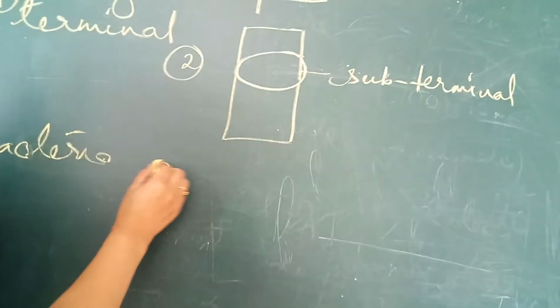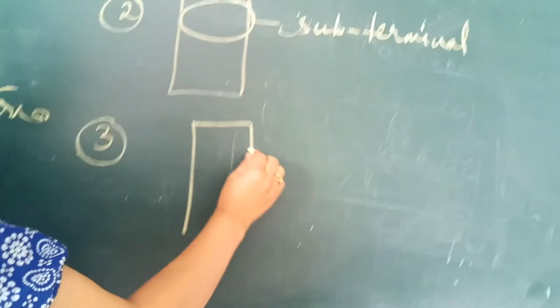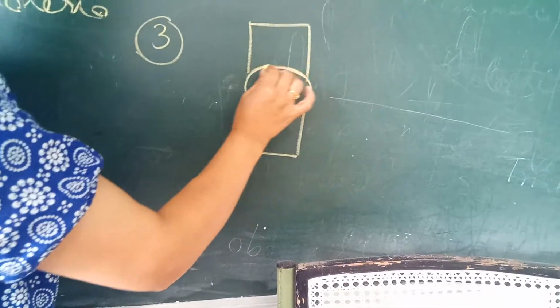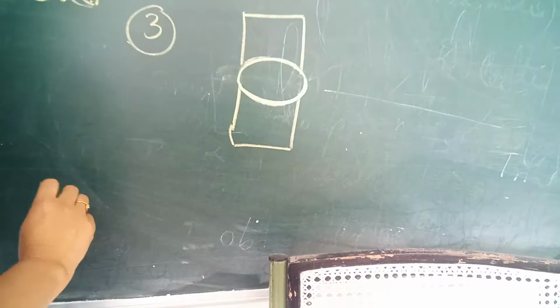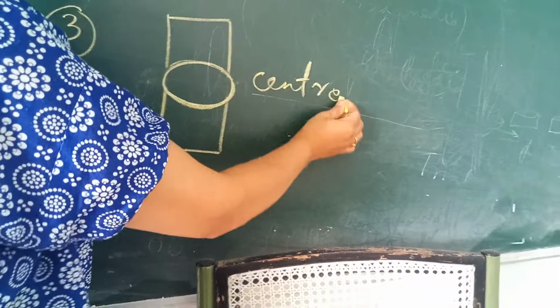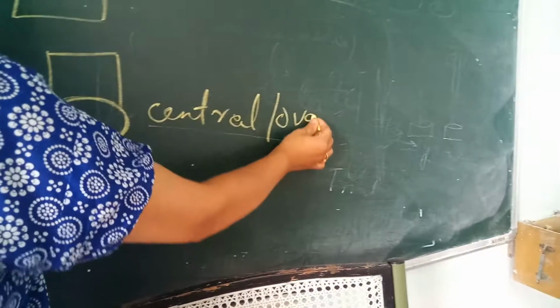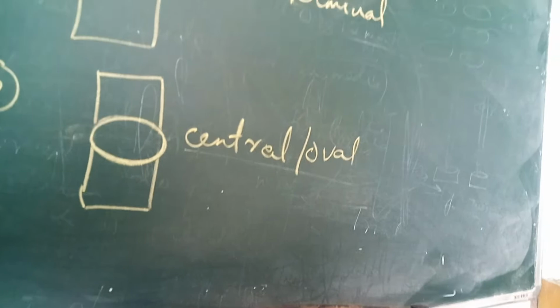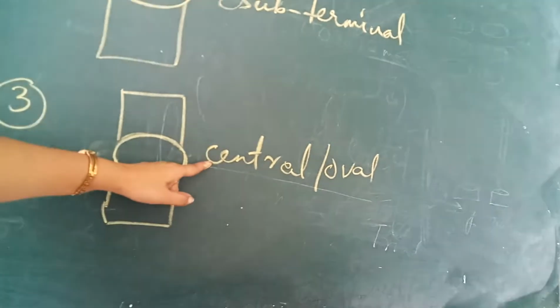Then there are some bacteria, for example, if this is the bacteria, the endospore is formed here in the middle. So this is called central or oval endospore, meaning the endospore is formed at the center.